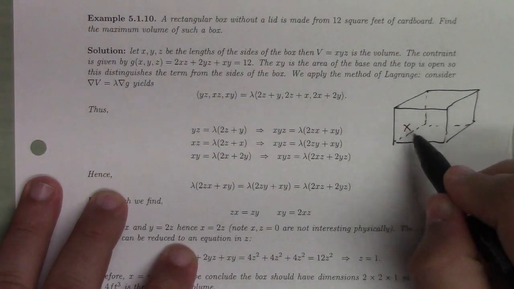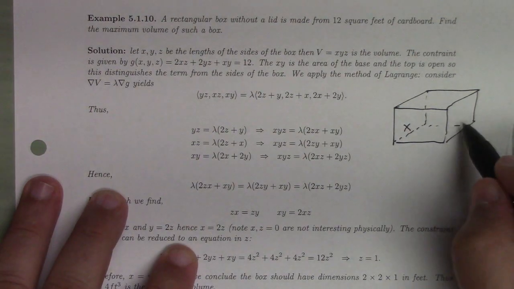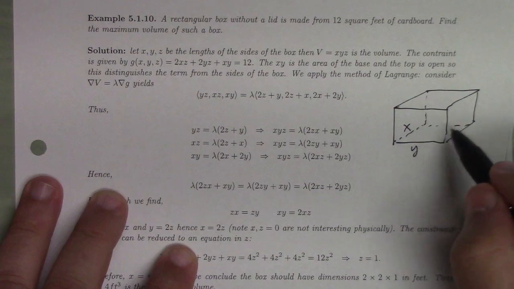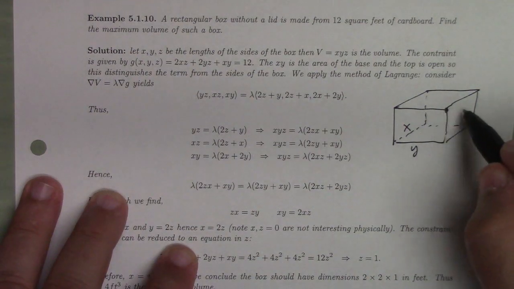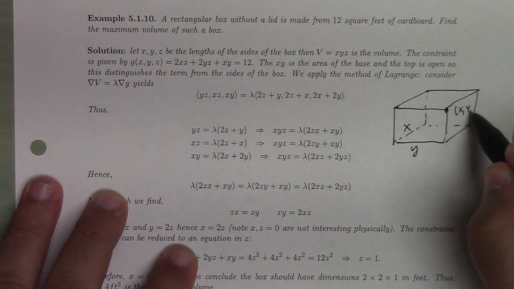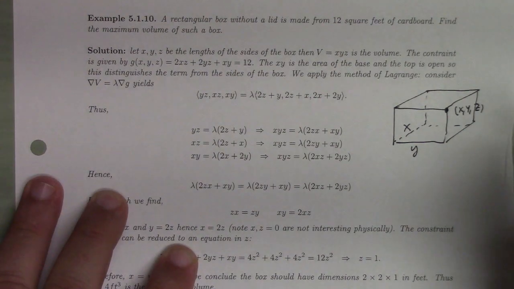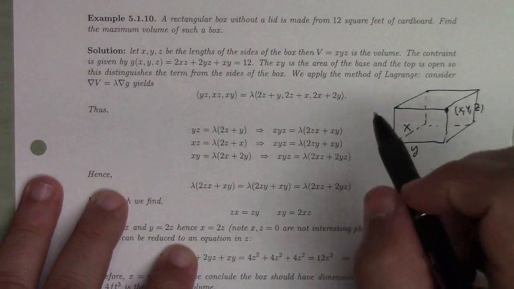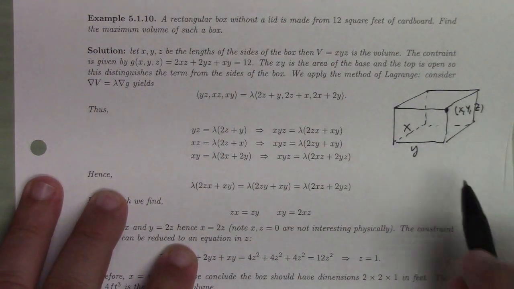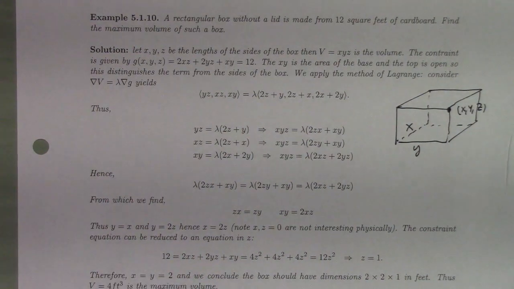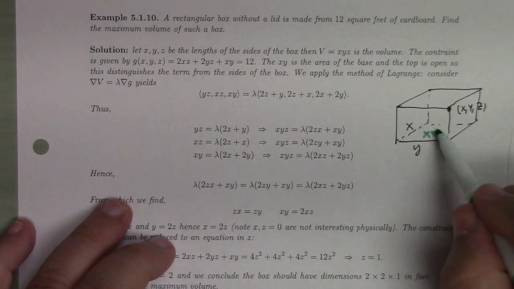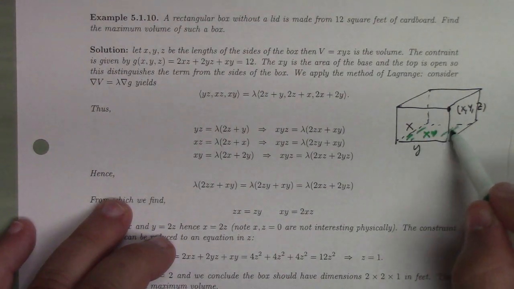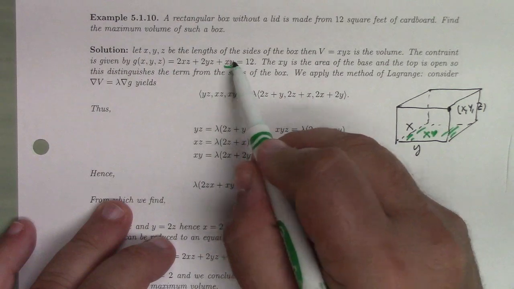Okay, so this is x. This is y. I'm labeling this point here as x, y, z, I think. And so it's open top, right? So there's just xy as the area of the bottom, just this piece down here, and there's no top, so that's why there's just an xy here.